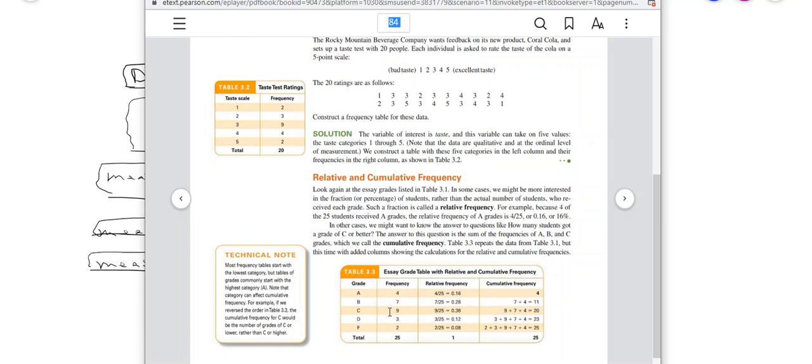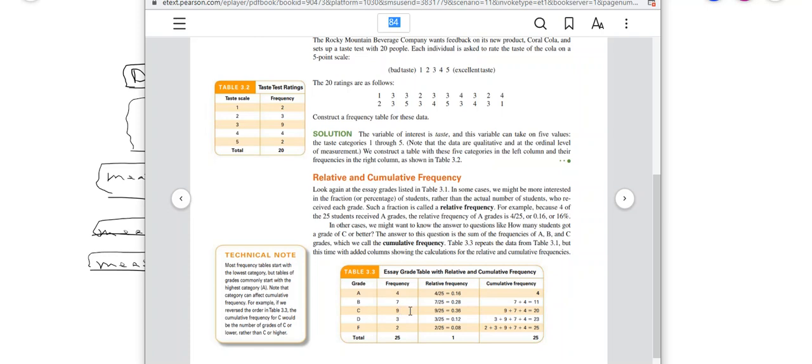Now, how many people got a C or better? Well, 9 C's, 7 B's, 4 A's, 9 plus 7 plus 4 is 20. 20 people got a C or better. So this is called a cumulative frequency, when you add up and say add some value or above, or add some value or below, add some category above, add some category below.